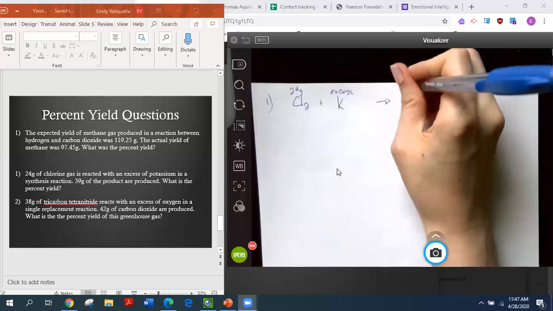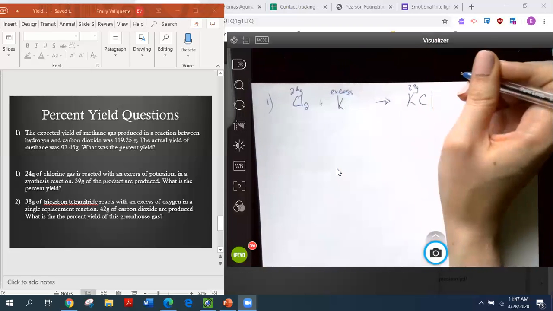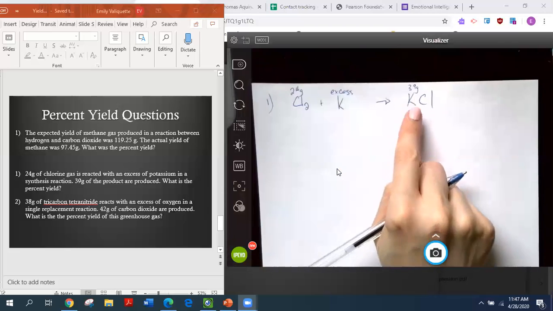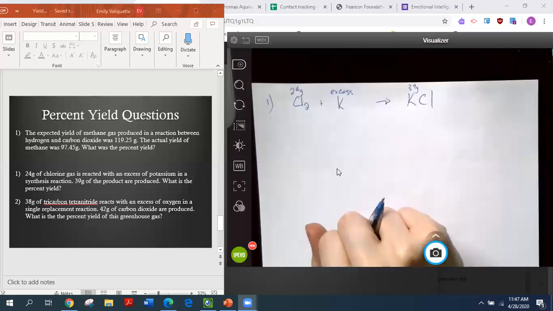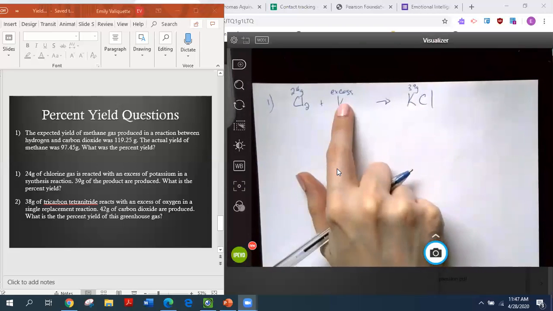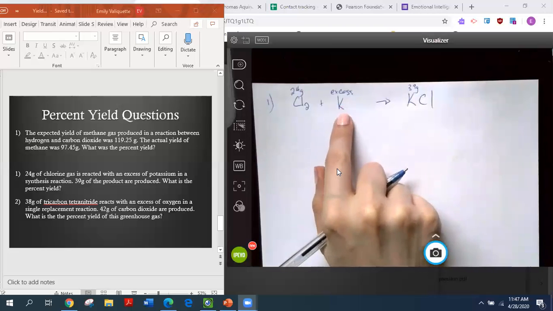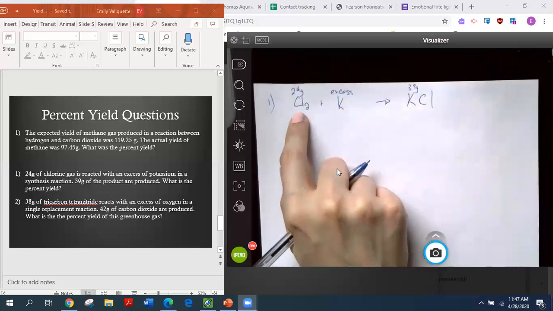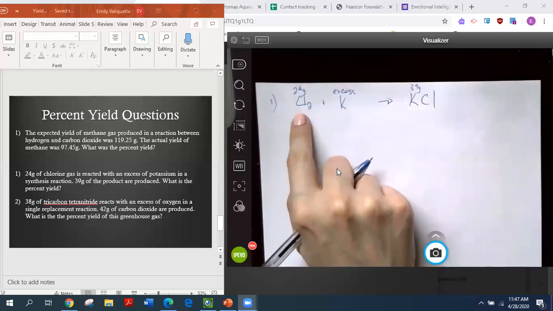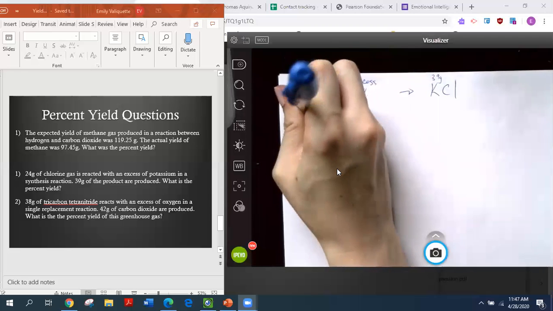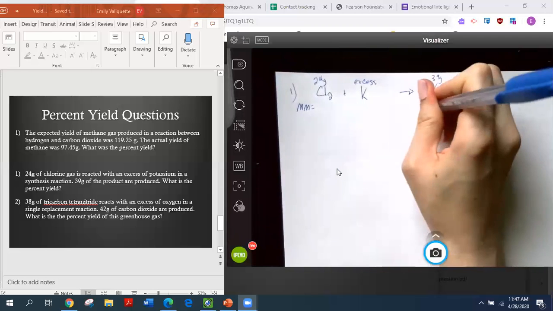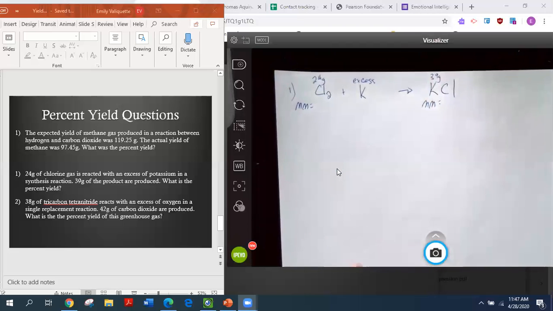It then tells us that 39 grams of the product is produced. It wants to know what the percent yield is. So because it tells us what the excess reagent is, we can just go right to dealing with our limiting reagent. I'm going to find the molar mass of both my limiting reagent and my product.